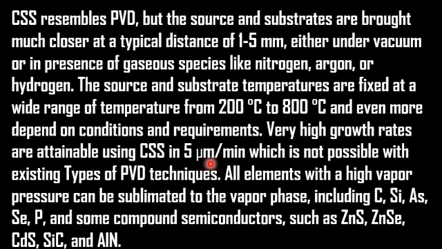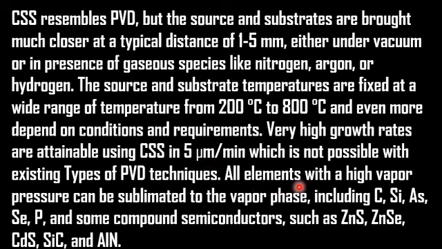So this technique provides you a slightly higher growth rate, which means that if you want to produce thin film at large scale in a shorter time, you can use the close space sublimation process for this. Okay.